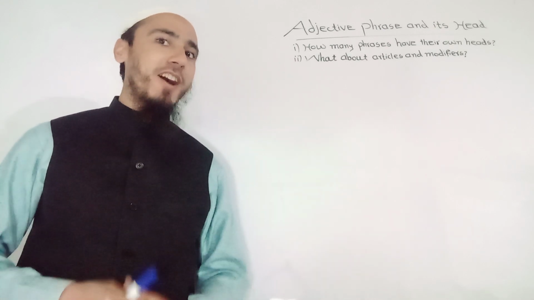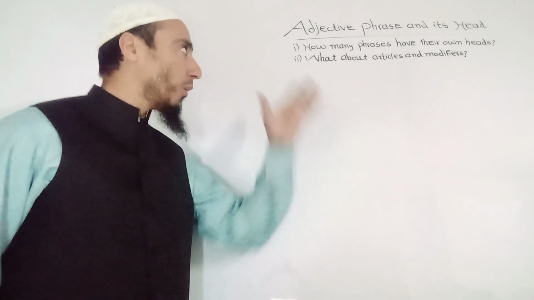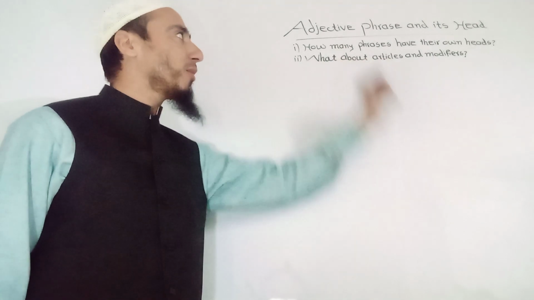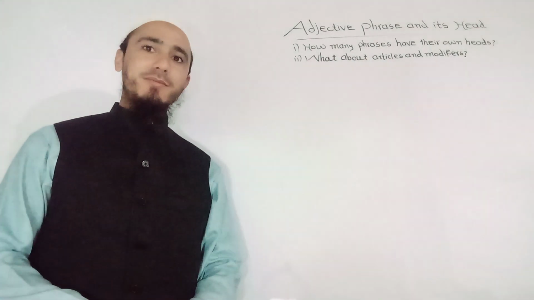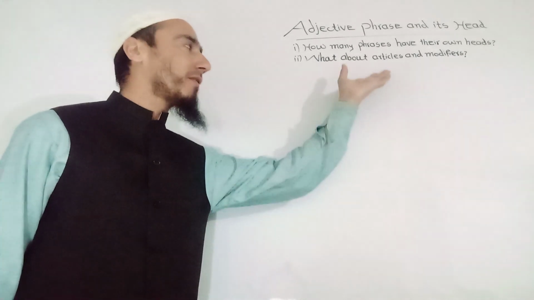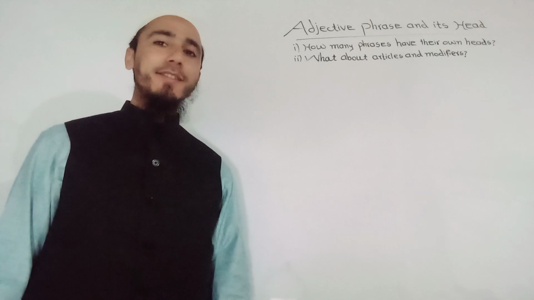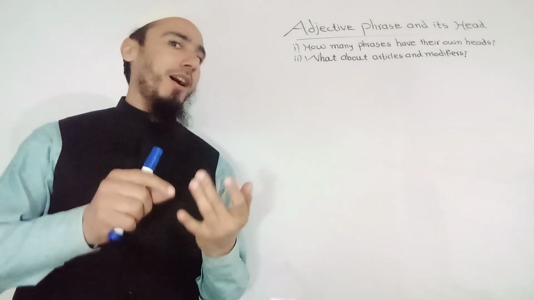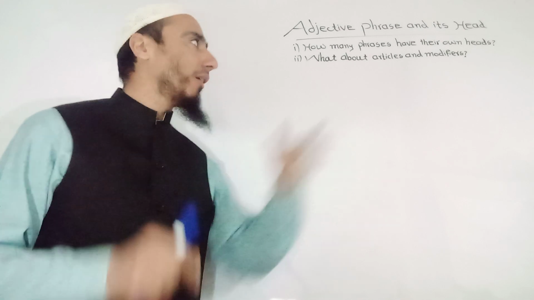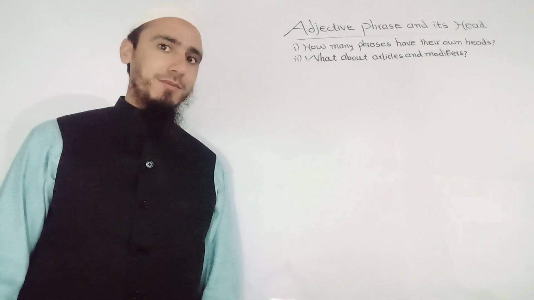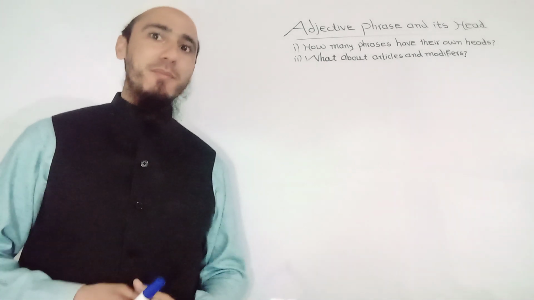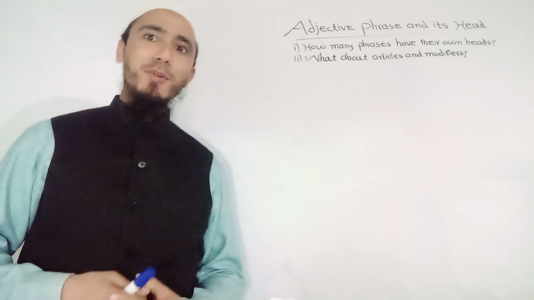Now, besides these 5 phrases, the question is, what about other words in parts of speech? Like, what about articles and modifiers? Listeners and audience, answer to this question is, whenever we are talking about articles and modifiers, these are working either with adjective, or with a noun, or with adverbs, in order to modify them, in order to cooperate with them, or in order to support them.